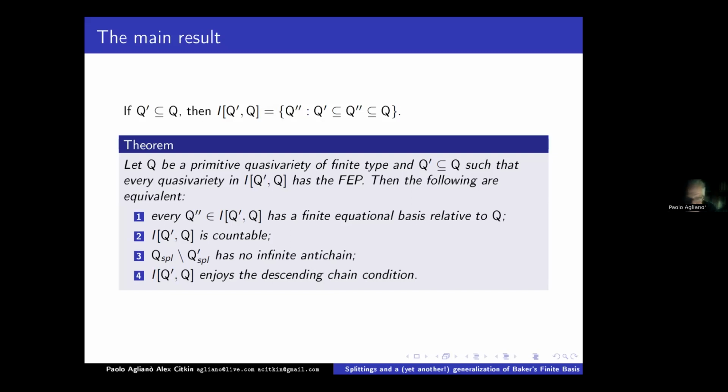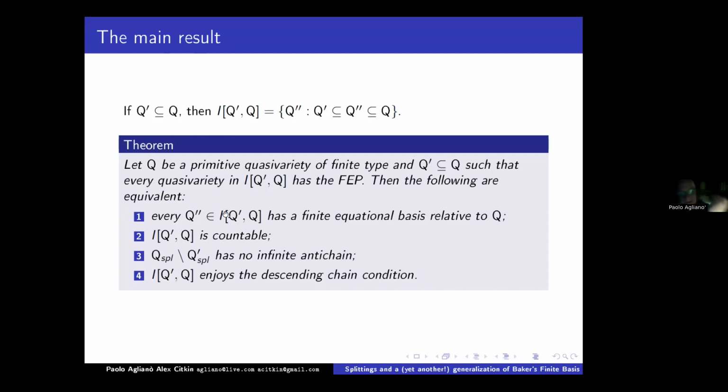One, every sub-quasi-variety in the interval has a finite equational basis relative to Q. Two, the interval is countable. Three, the set of splitting algebras in Q that are not splitting in Q' has no infinite anti-chain, and the interval enjoys the descending chain condition. Really, the interesting part is that 1 and 2 are equivalent.